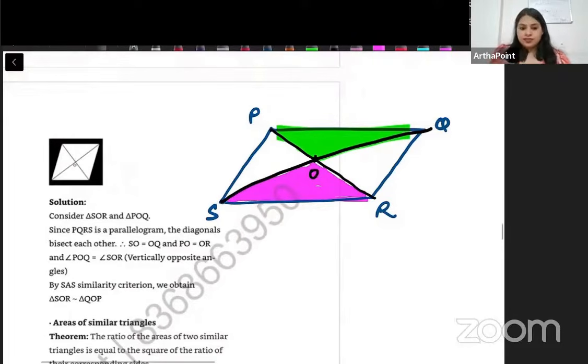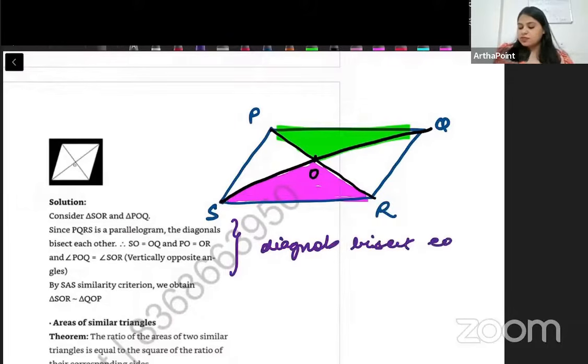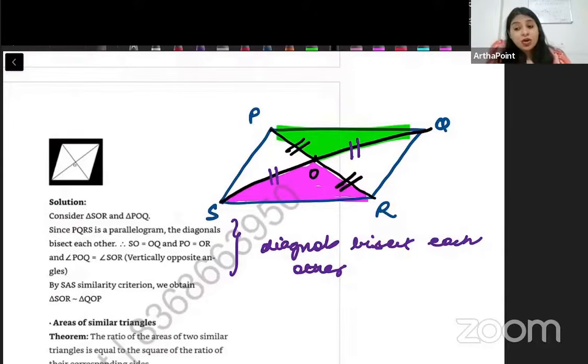This is a parallelogram. Property of a parallelogram, please write down that diagonals bisect each other. Diagonals bisect each other. That means, beta, SO is equal to OQ. Beta, PO is equal to OR. And this is a parallelogram. So opposite sides ka we know, right?